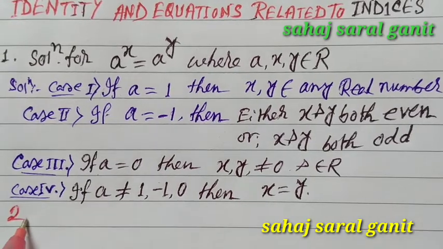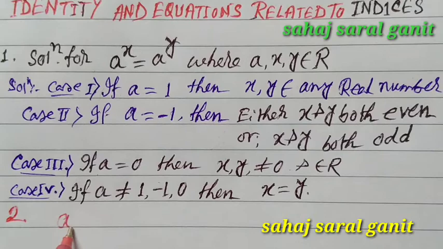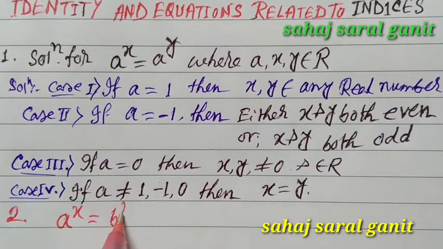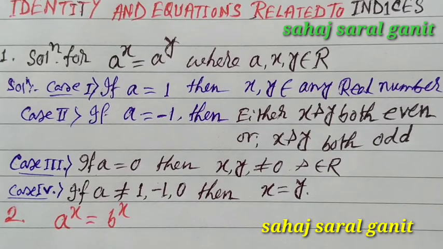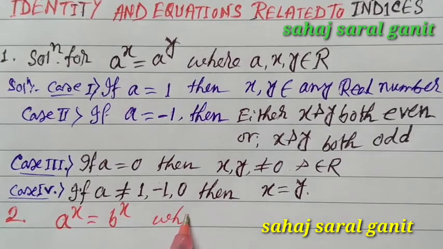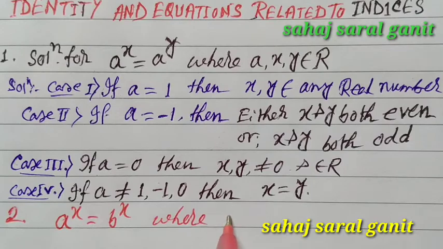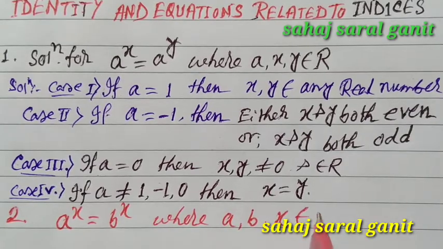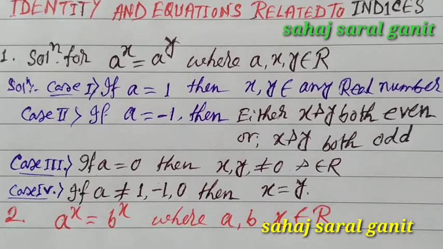Here is another question. If a to the power x is equal to b to the power x, where a, b and x are real numbers, then what happens in this case?